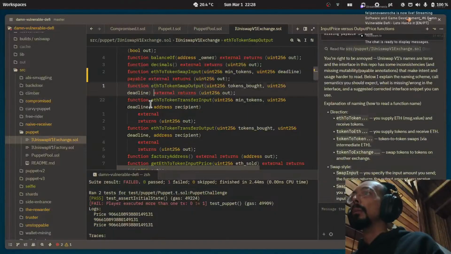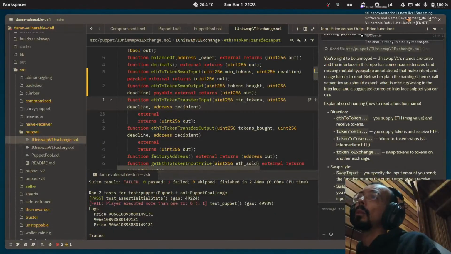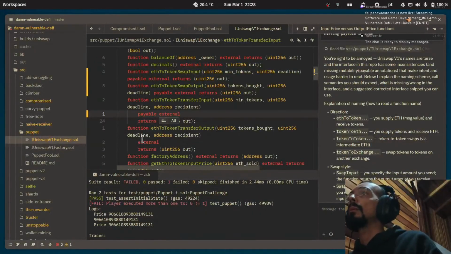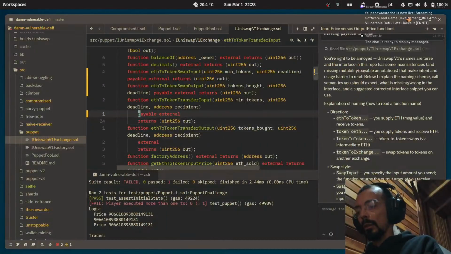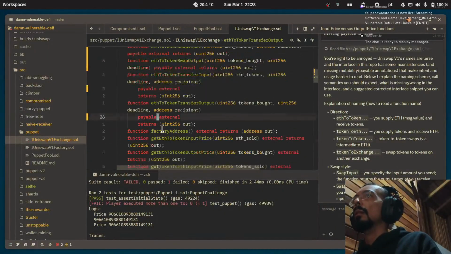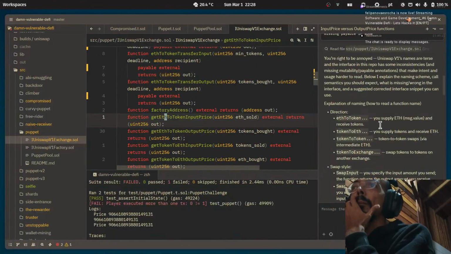That should be payable. That should be payable. That should be payable. I should be copying, pasting. I forgot I cannot do that. Yes. Okay.